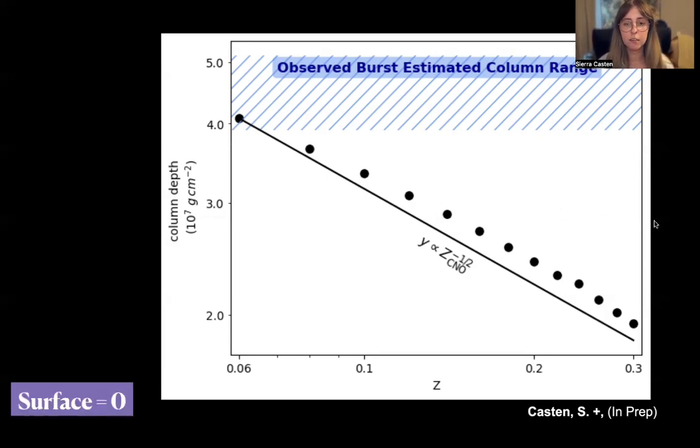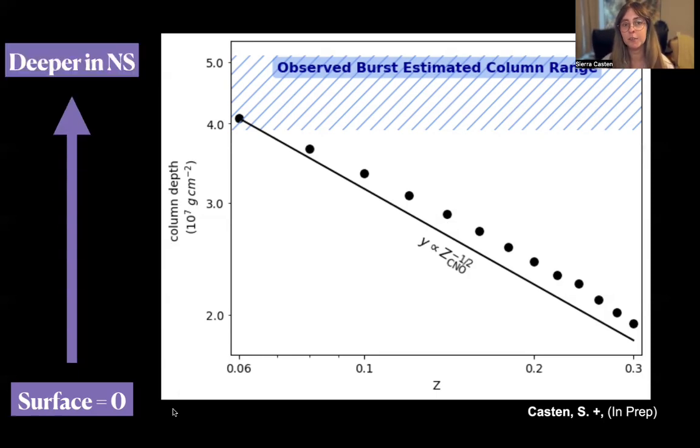So looking at this figure here, if you're again not familiar with column depth, if you have 0, that's the surface. And as you increase in number, that's deeper into the neutron star radially. So we looked at where the material ignited, how deep it was in the star. And the hatched blue part is where the observed burst's estimated column range was.